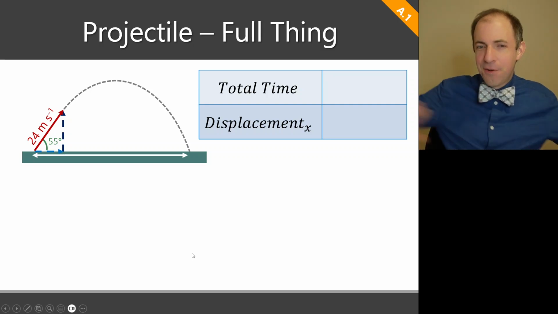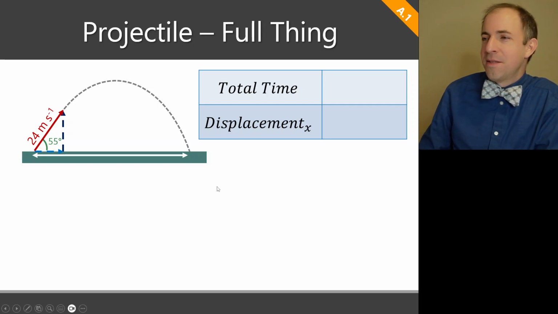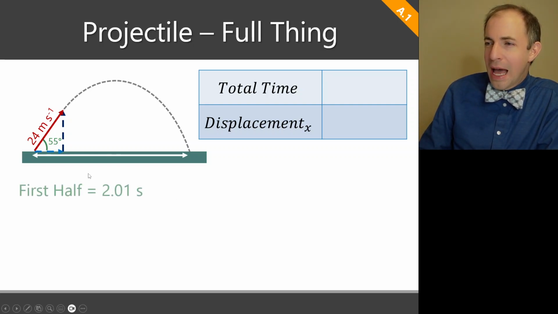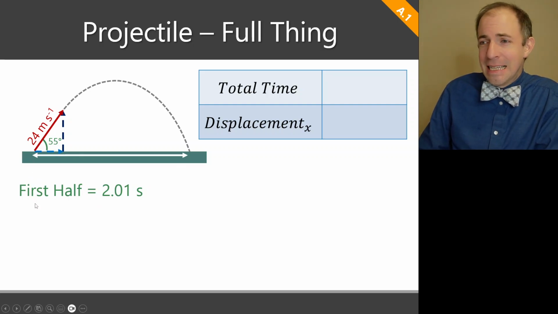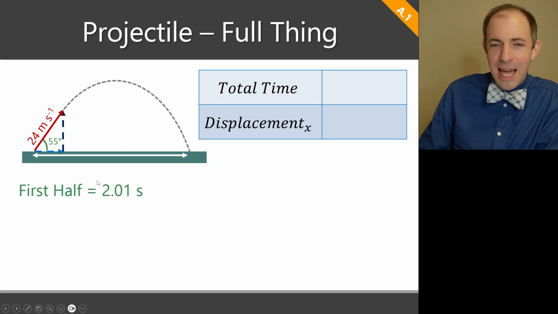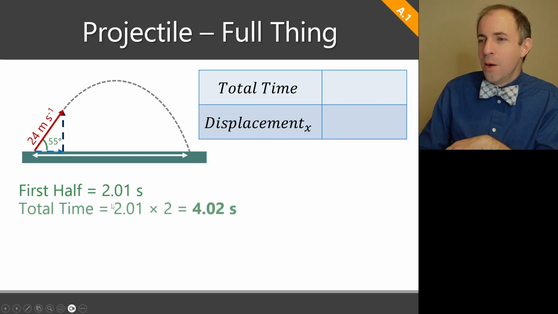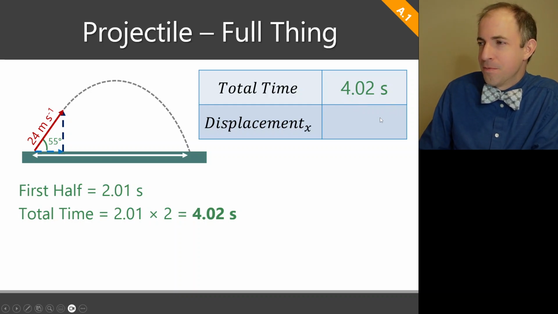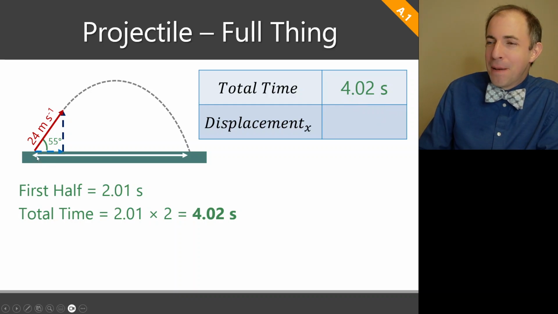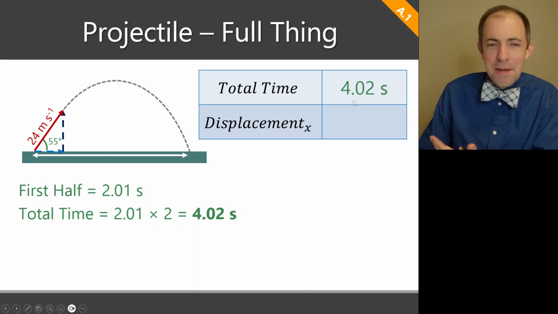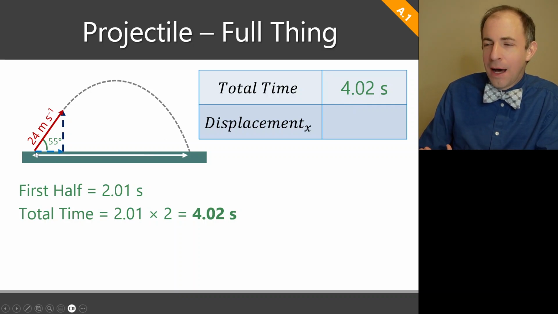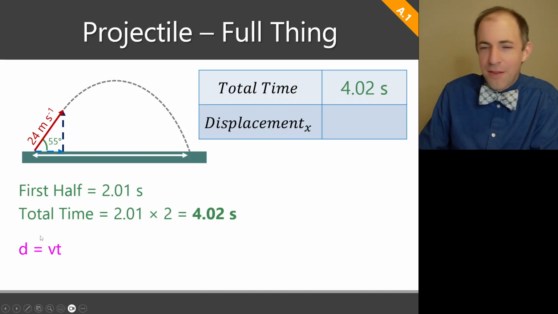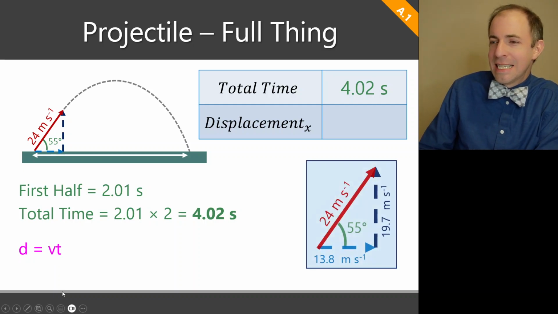Now, if I want to look at the full thing, so look at the horizontal part of this as well, I know that it travels in a horizontal direction and it has a time that it's in the air. Well, the first half to get to the top, we said was 2.01 seconds, which means that the total time, as we did before, is double that, 4.02 seconds. The displacement is based on how far it can go in that amount of time. We know what the horizontal velocity is, and the distance that it can travel at a constant velocity is just the velocity times the time.